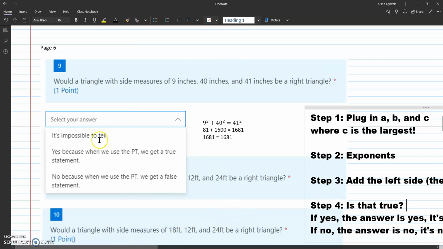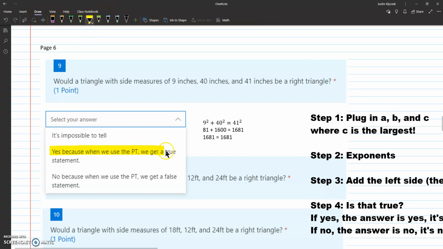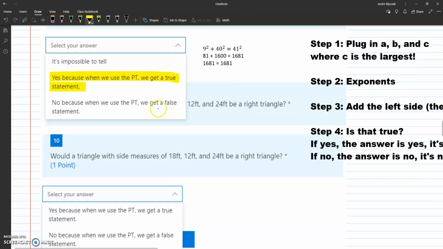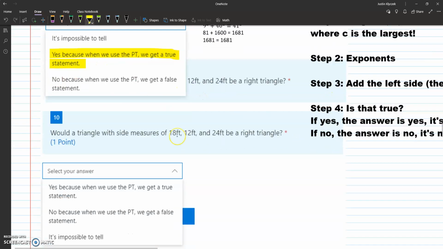All right, so for number 9, the answer would be yes, because when we use the Pythagorean theorem, we get a true statement. Now you do the same thing for number 10 and see if you get a true statement.